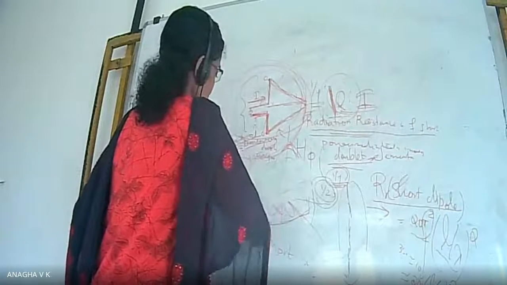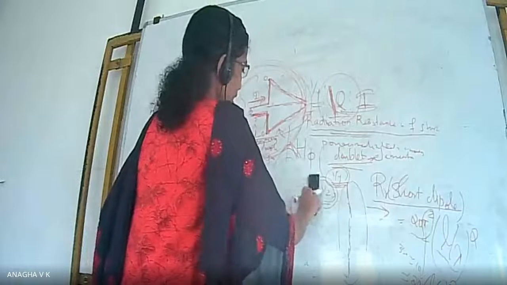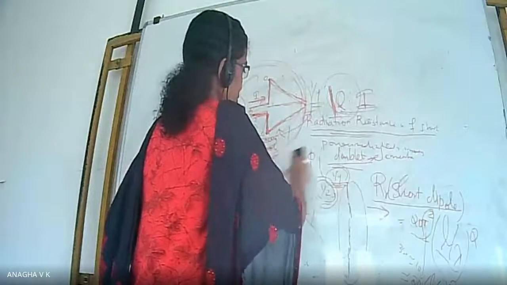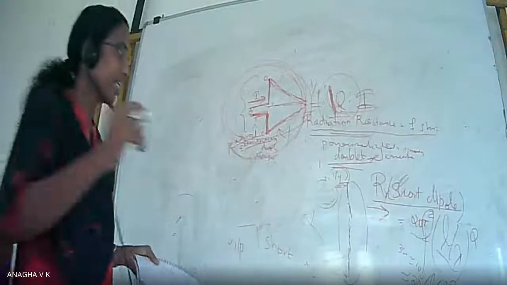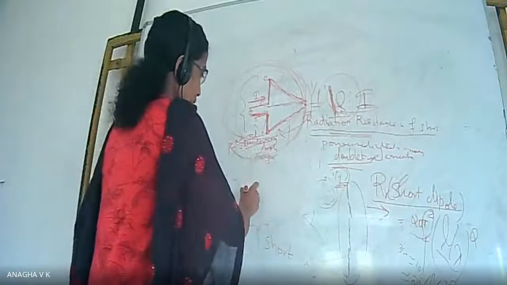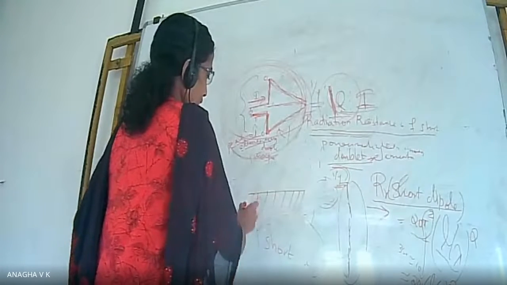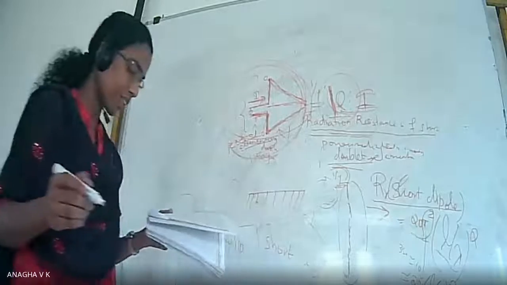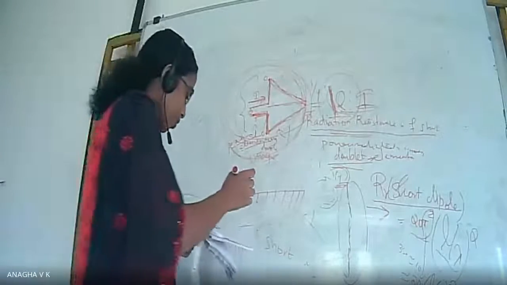So monopole, what is the radiation resistance? So this is the reflecting surface. We are taking a reflecting plane along with this monopole.